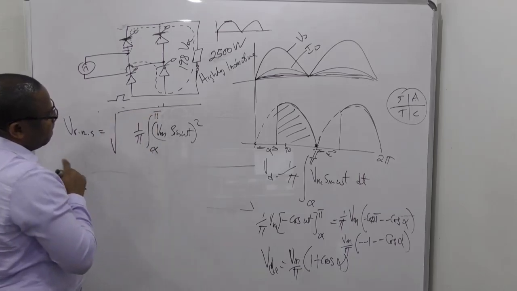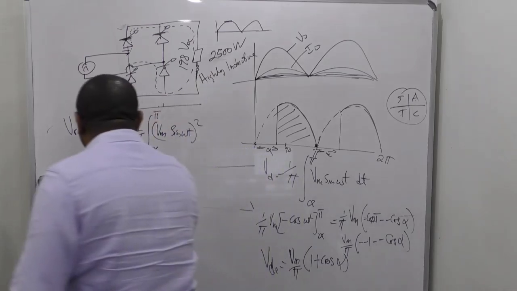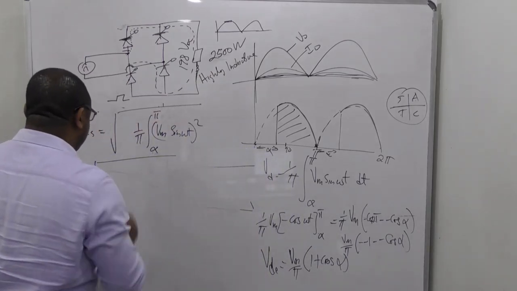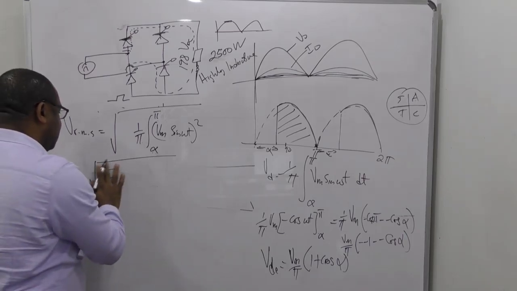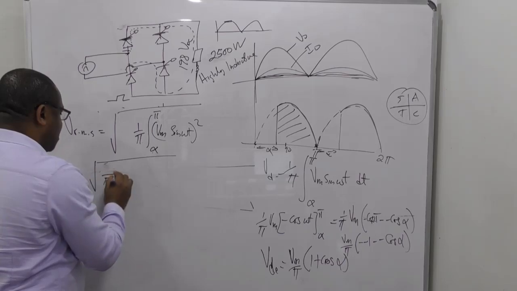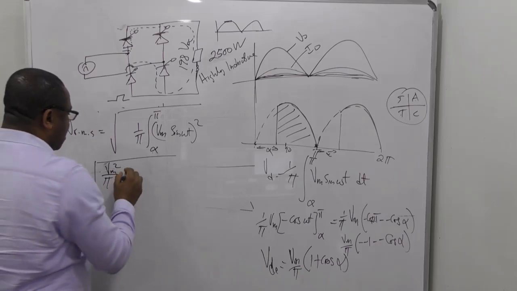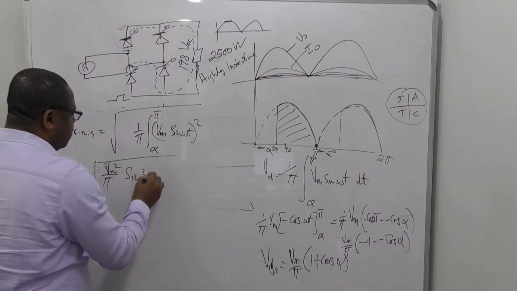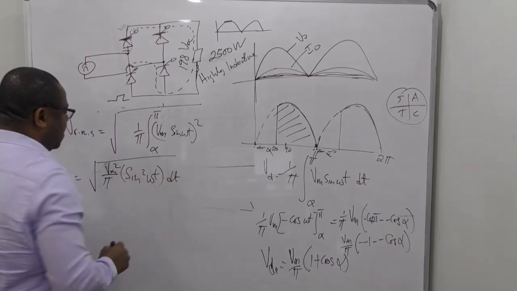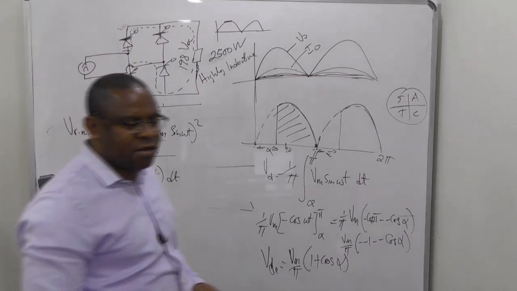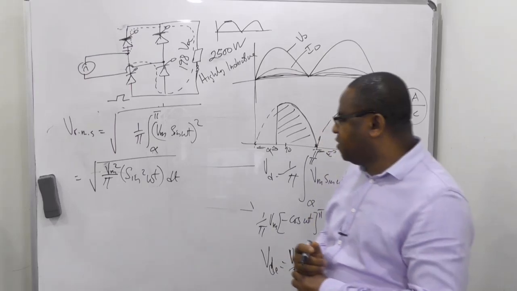So here you have the square root of 1 over pi of Vm, remember that this Vm is squared, Vm squared over pi, now sine squared omega t dt. Now sine squared omega t is the same thing as half into 1 minus cos 2 omega t.